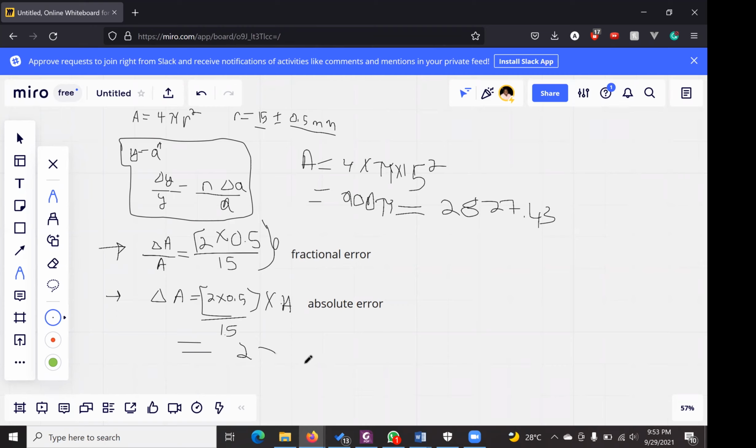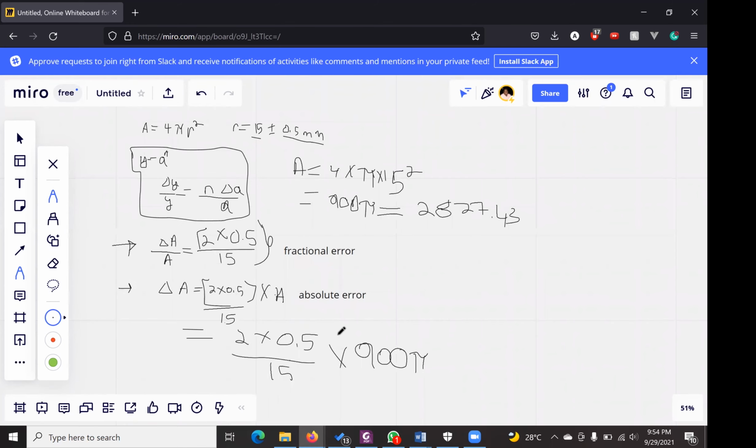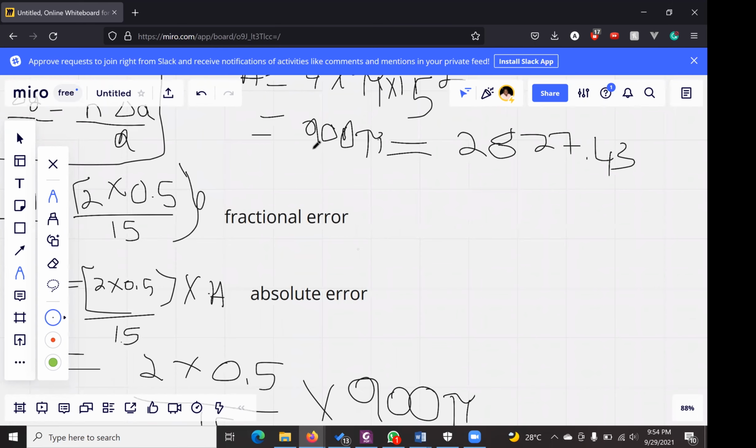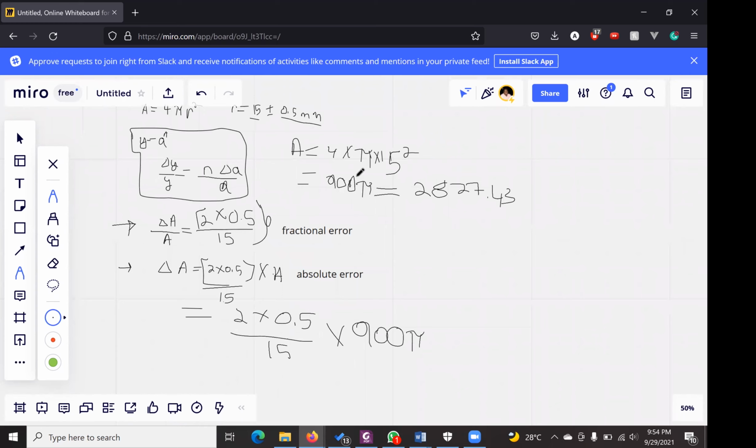You're doing 2 times 0.5 divided by 15 times 900 pi. As I said, this is keeping the units consistent. You're doing everything in mm. You could also convert the radius to meters and calculate your area using that.